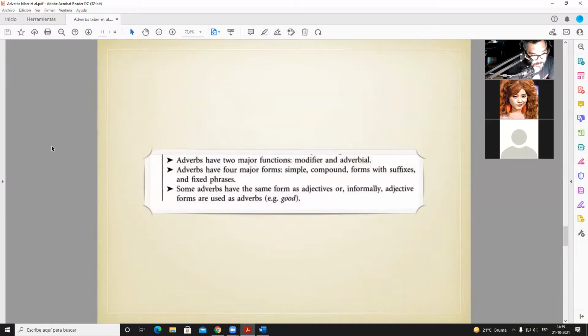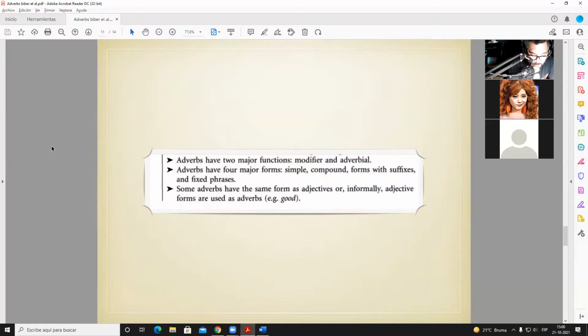Summary. Adverbs have two major functions. They modify and they are adverbials. Be careful with adverbials, because when I say adverbs can be adverbials, I'm referring to the valency pattern thing. Adverbs have four major forms. They are simple, that is to say, they are not formed by any source of compounding or anything.